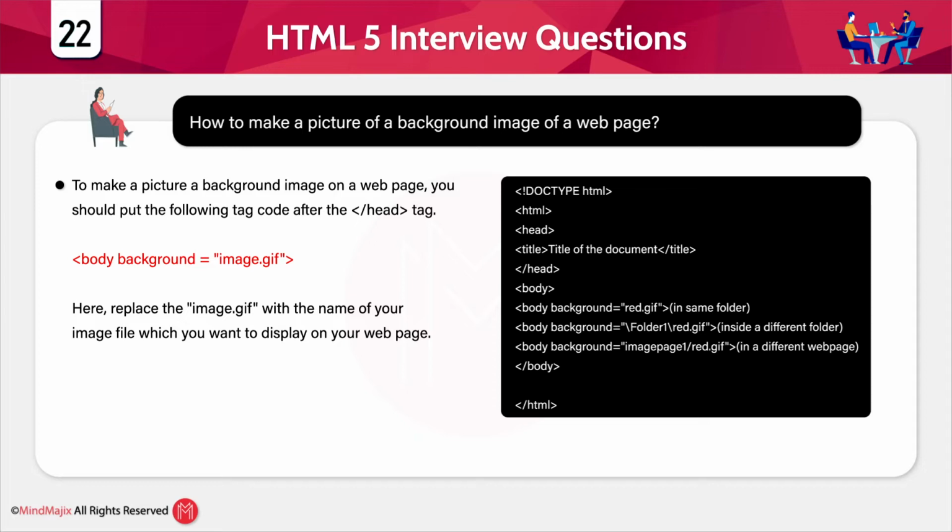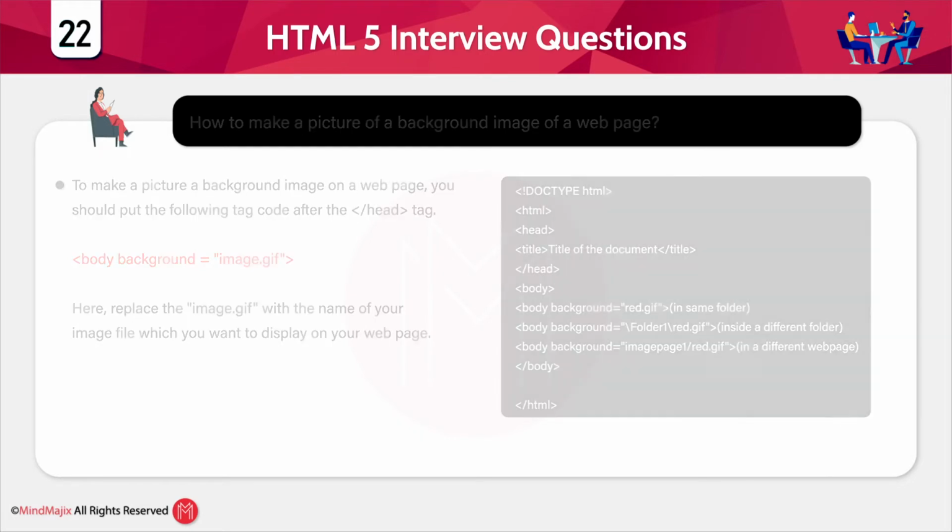To make the picture a background image of a web page, you should put the following tag code after the head tag, that is, within the body. Replace image.gif with the name of the image which you want to display on your web page. This is the image name, whose extension is not only GIF, it may be JPG.